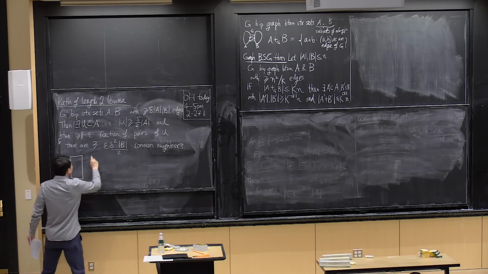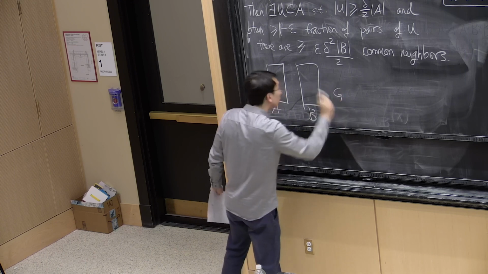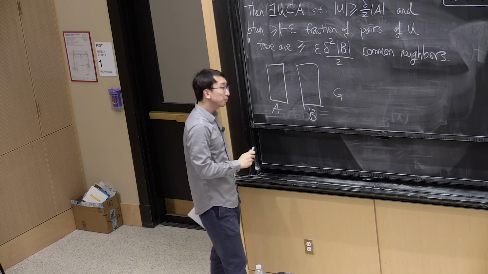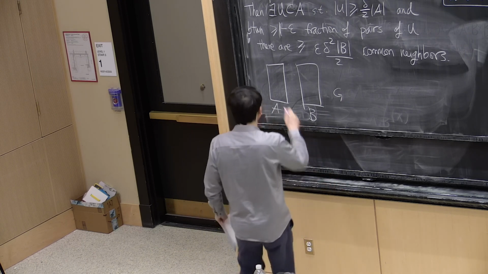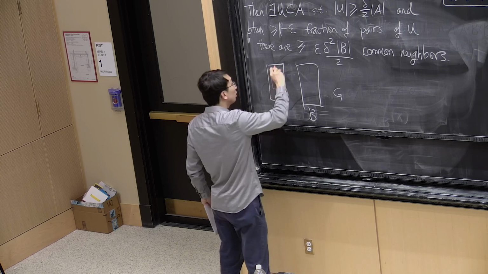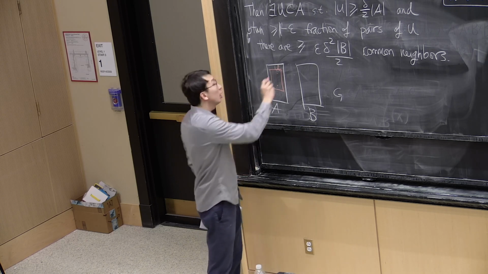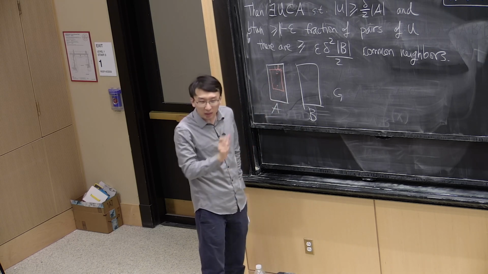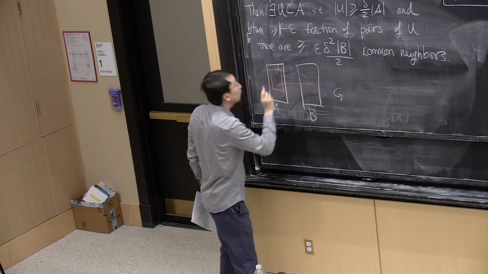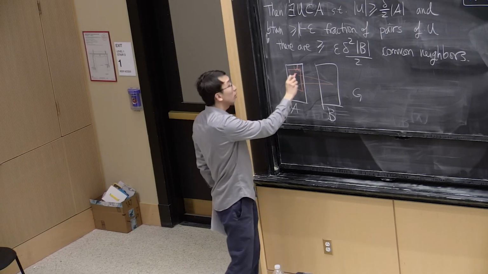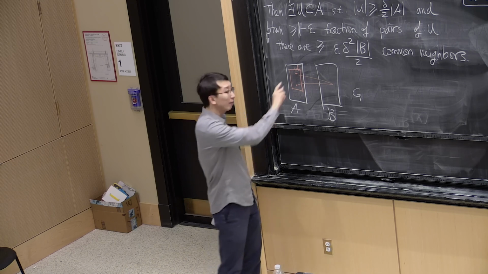So you start with this bipartite graph A and B, with lots of edges. And we would like to show that there exists a pretty large subset U such that between most pairs, all but an epsilon fraction of ordered pairs, they could be the same, but it doesn't really matter, the number of paths of length 2 between these two vertices is quite large. So they have lots of common neighbors.